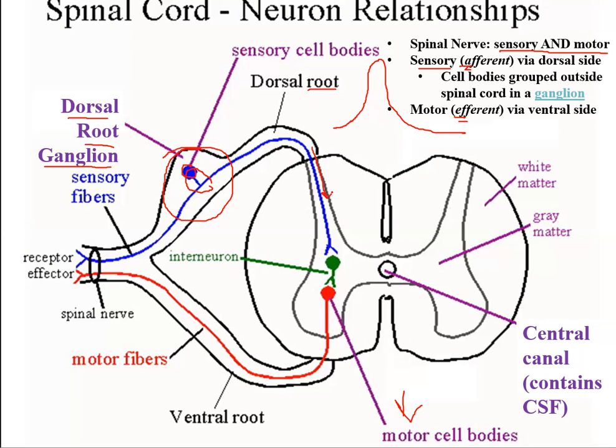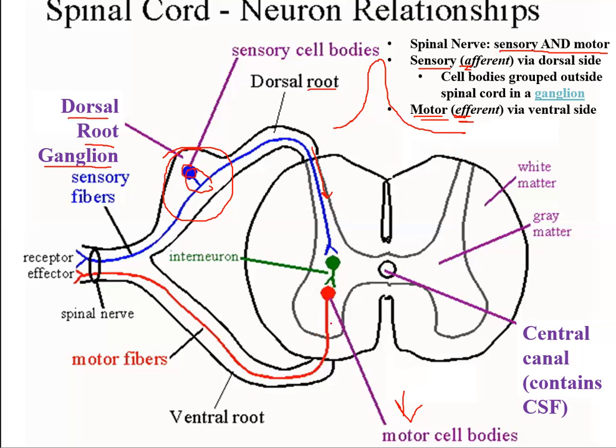In this case, the sensory neurons are carrying information to the central nervous system, as opposed to motor neurons, which are going to carry information away from the central nervous system. So E for exit: this information exits. It's this red neuron here. The information along it is exiting out the spinal cord and going away from the central nervous system. Therefore, it is efferent, also called motor. I'll come back to that in just a moment.